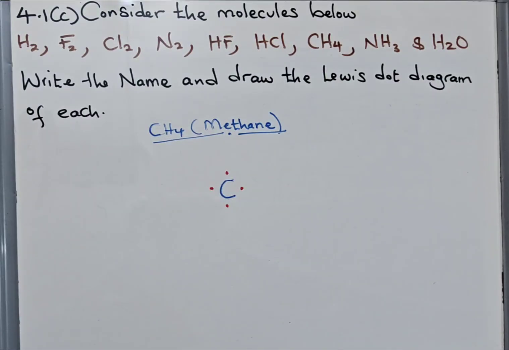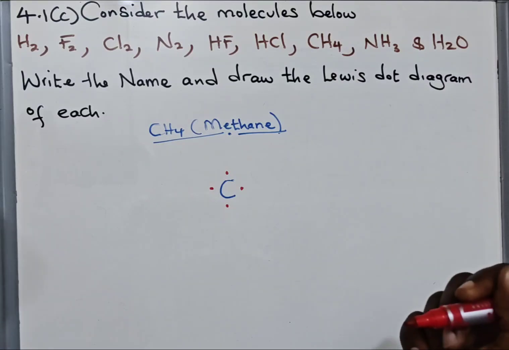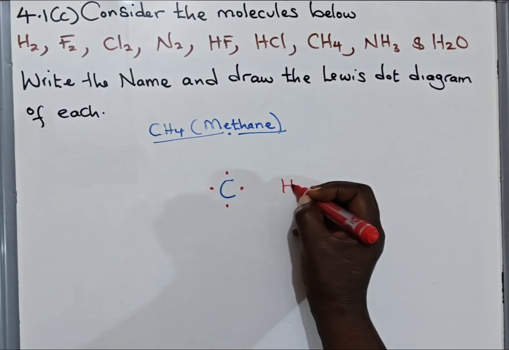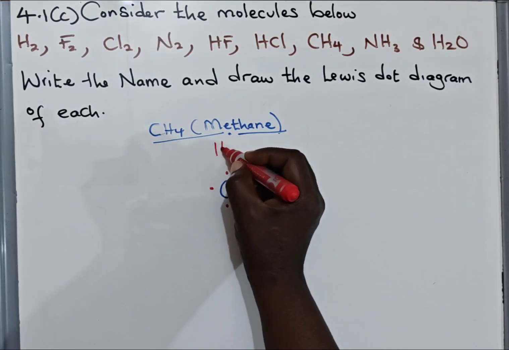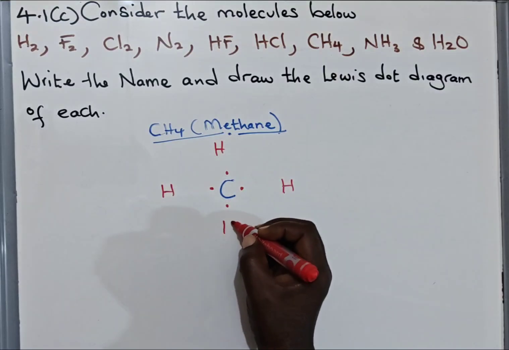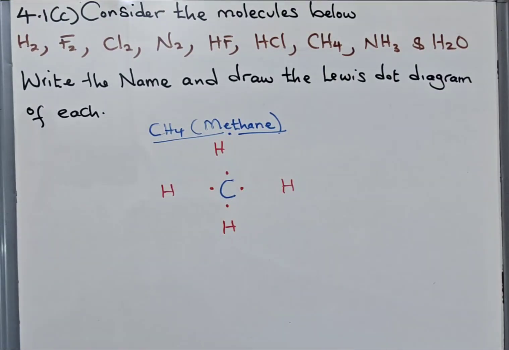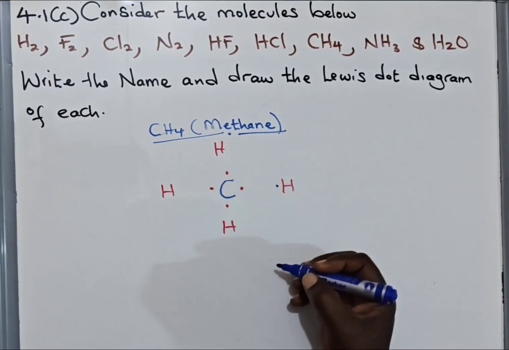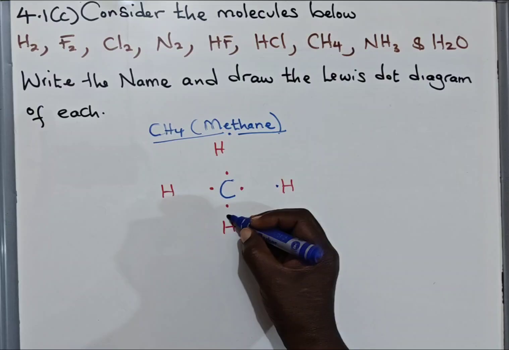So next is to have our hydrogen. There are 4 hydrogens, so we can have 1 here, 1 here, and 1 here and 1 here. You have to remember that hydrogen belongs to group 1. So each one has 1 unpaired electron like that.